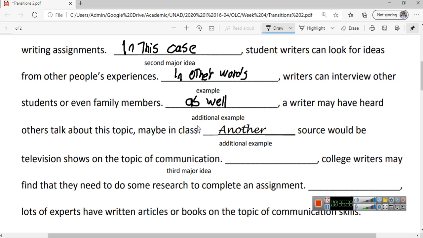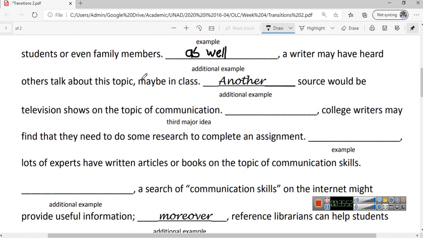If we were to use thus, it is not an exemplary transition. Thus is going to give me more information about the second clause. For example, if I said thus, a writer may have heard of others talk about this topic, I'm giving a reason about it. And I don't have to give a reason. I need to give an example. Very good, Viviana.